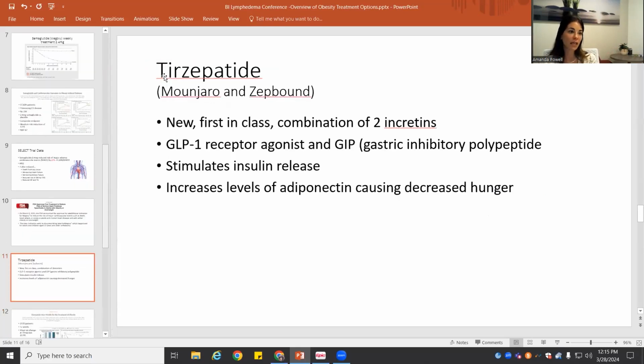Another medication that came out a couple years ago for diabetes, but in November of this past year for obesity, is a drug called tirzepatide. This is the first dual agonist, which is also an incretin hormone, just like GLP-1. It's a combination of two peptides, GLP-1 and GIP, and it does the same thing as Wegovy or semaglutide, but it has better weight loss.